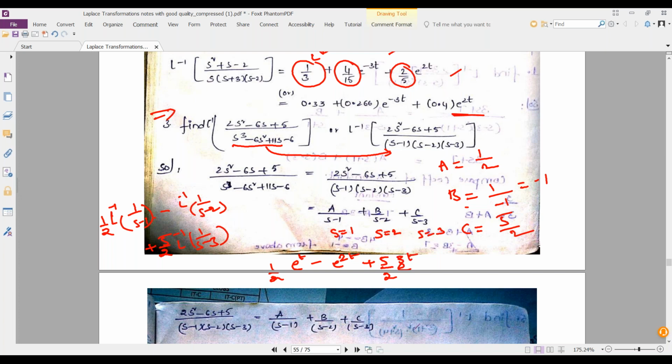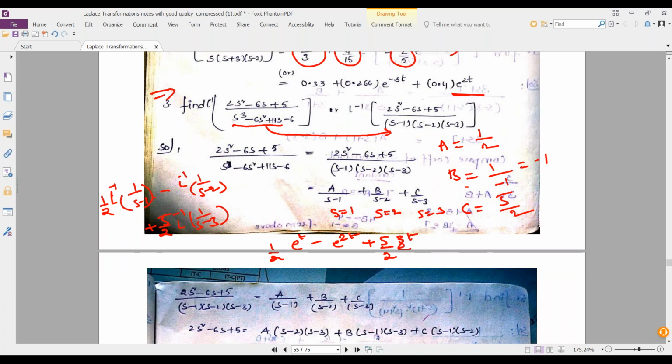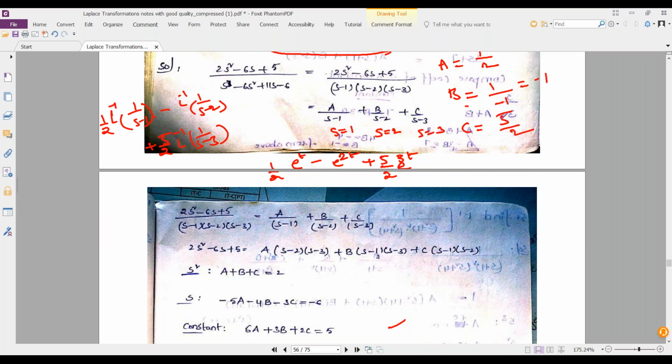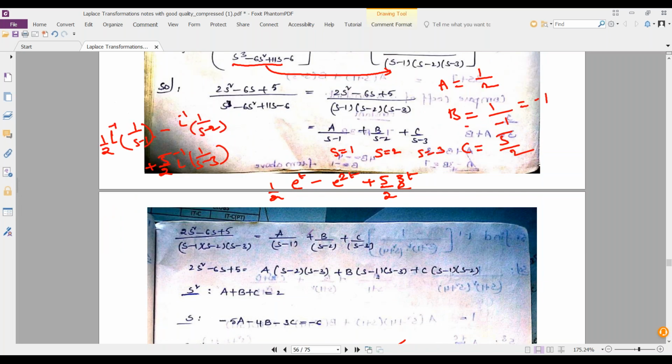So let us check the A, B, C values here. This is the general procedure. Whatever technique I gave is a shortcut. In the general procedure, we take the LCM and equate, because the denominators are the same. When two fractions are equal and the denominators are the same, the numerators would automatically be equal.